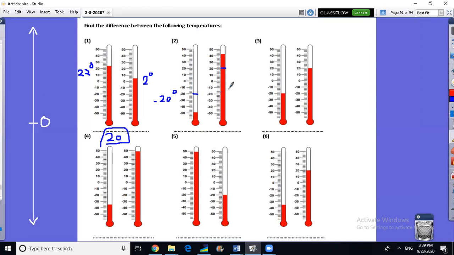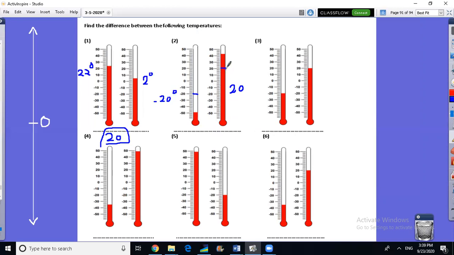And the temperature here is exactly 20. So what is the difference between negative 20 and 20? Guys, don't say 0. Don't say 20 minus 20 is 0. Here it means how many steps you are going to take from 20 until you reach negative 20.